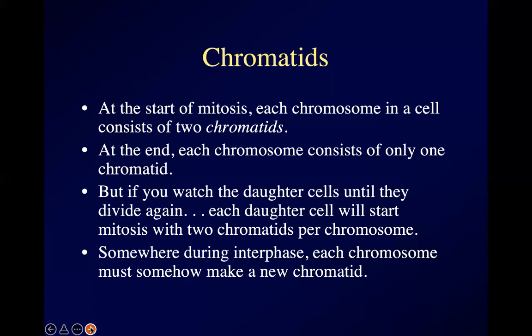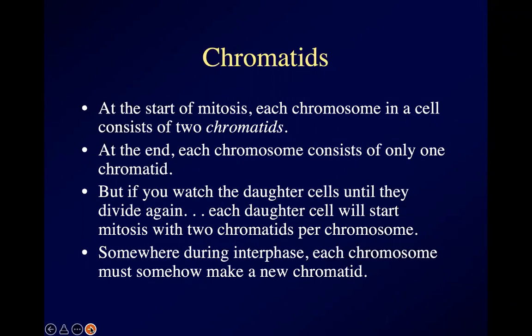And if you watch it happen and then let that cell just keep living, it'll stay in interphase for a while, and it will just metabolize and grow and do whatever it does. And then when the daughter cells divide again, each daughter cell starts with two chromatids per chromosome.